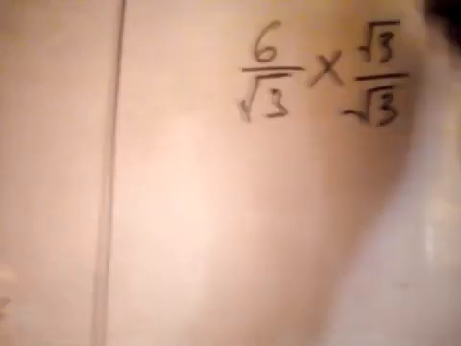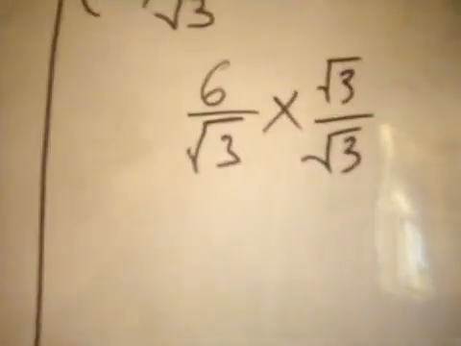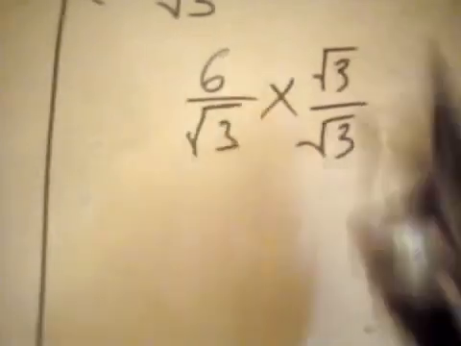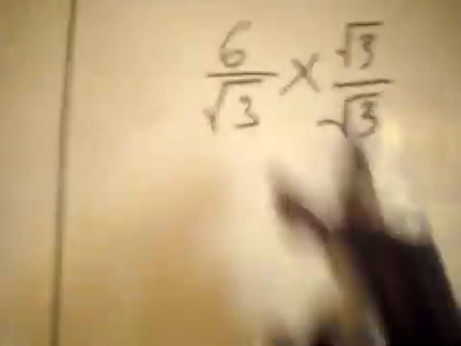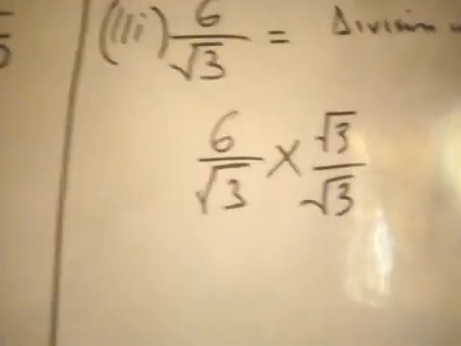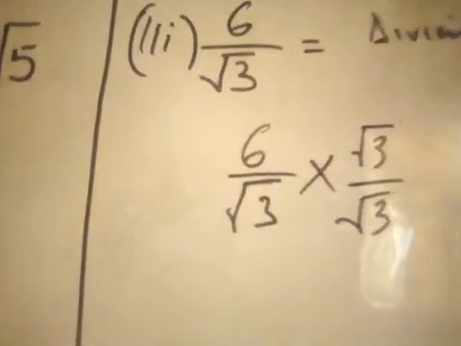So you have 3 over root 3. Although you have not actually added anything, because dividing by this gives you 1, you still remain the same. But you have to multiply it this way so that you can rationalize it.